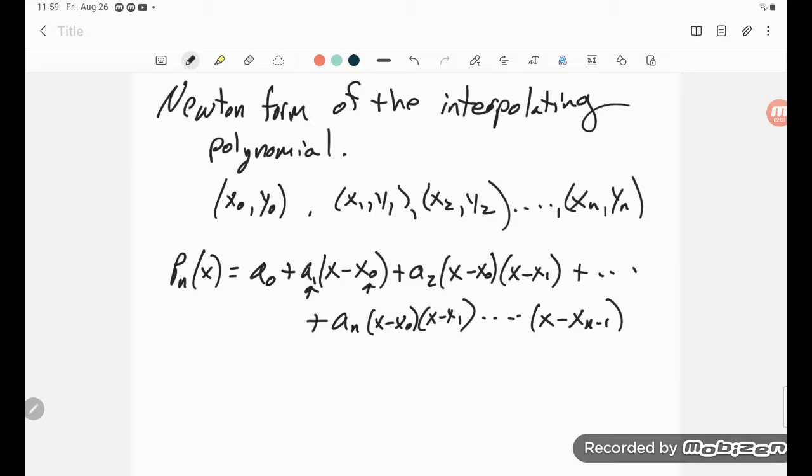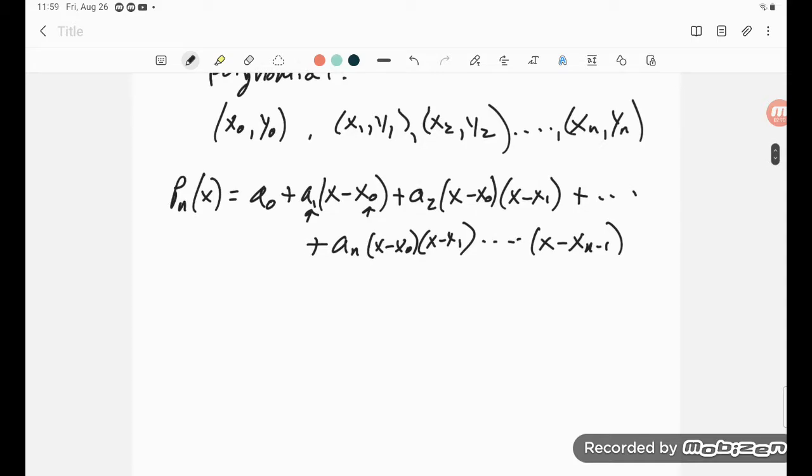And so that is the form of our polynomial. Now it looks a bit nasty to evaluate, but actually we'll show that if you evaluate it smartly, so to speak, it's really not too bad.